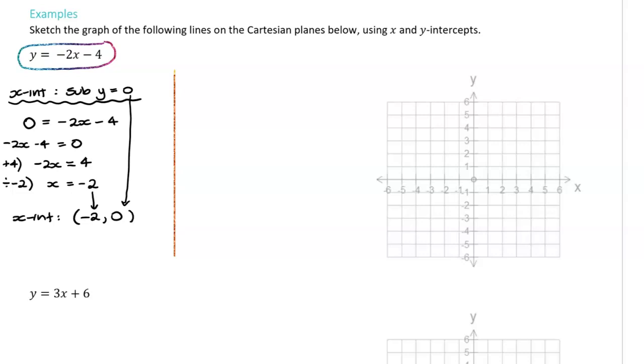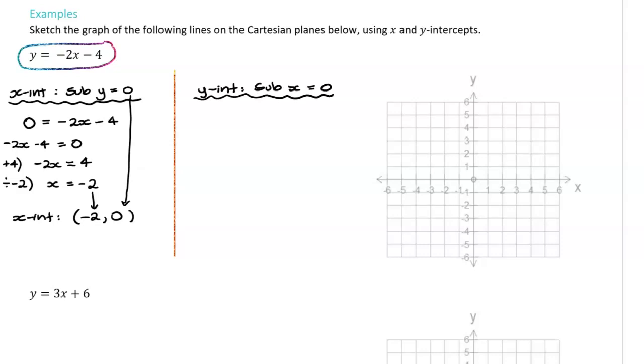Now let's do this process, but instead of finding an x-intercept, we're going to find the y-intercept. It's very similar, but instead we sub x equals 0.